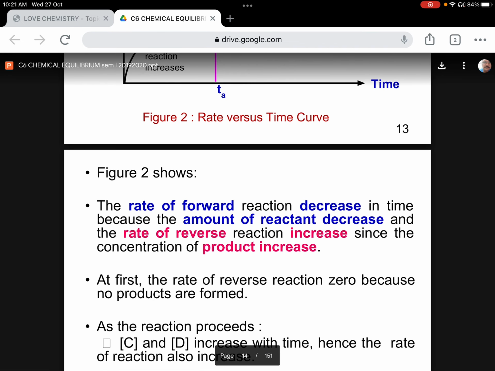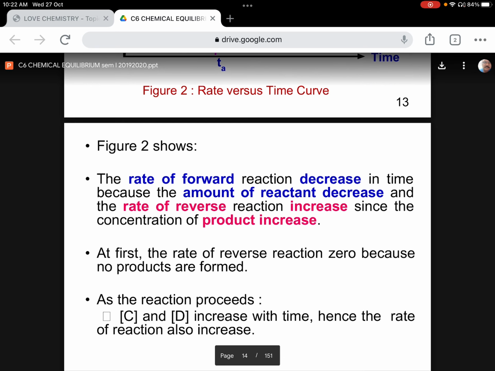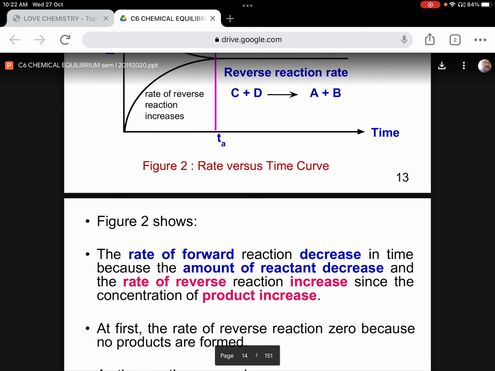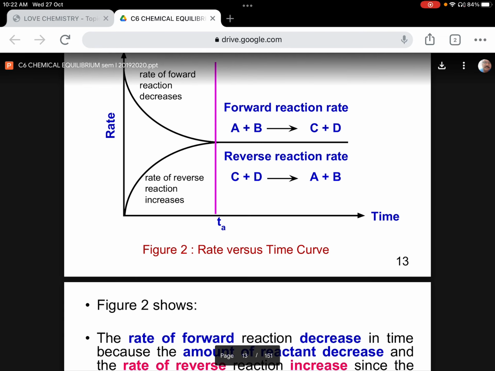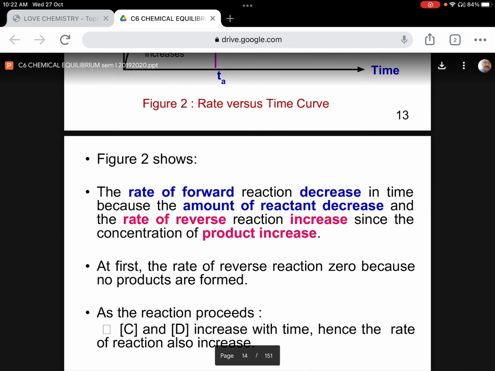The rate of forward reaction decreases with time because the amount of reactant decreases, while the rate of reverse reaction increases since the concentration of product increases. At first, the rate of reverse reaction is zero because no product is formed. So students can see the reverse reaction starts at time equals zero with a rate of zero, which shows there is no product initially.